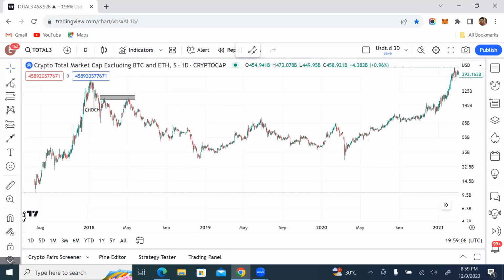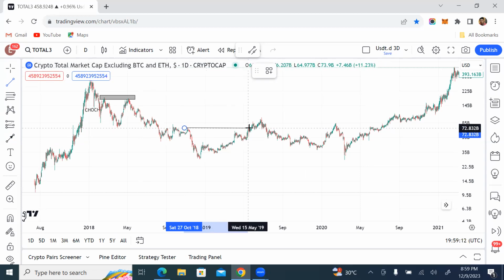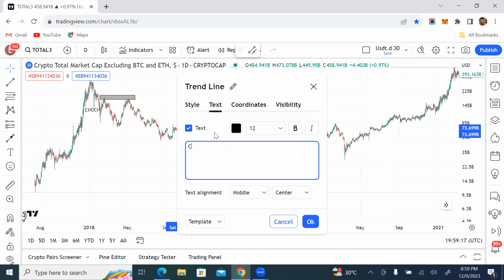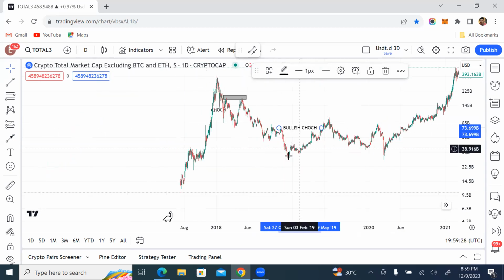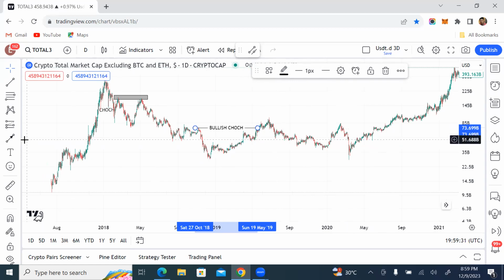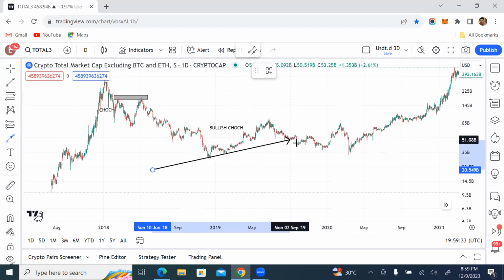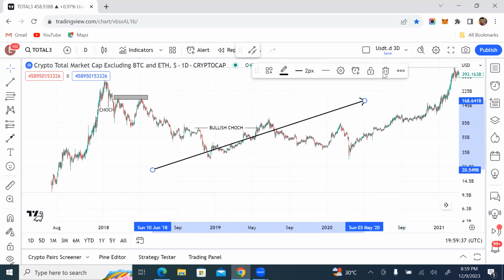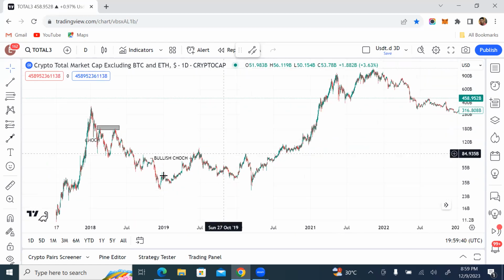Now, from this point, you can see price changed character again. We now have a bullish CHoCH. From here, price will go up, come down, retest this key level here, and begin to move up. Can you see it? That's simple.